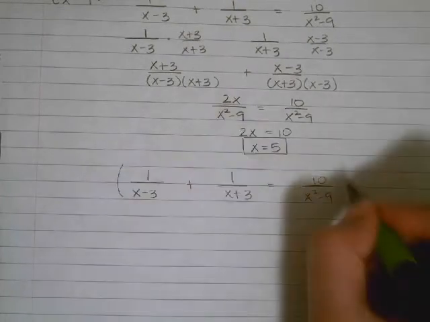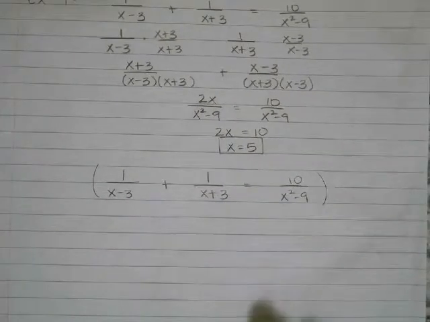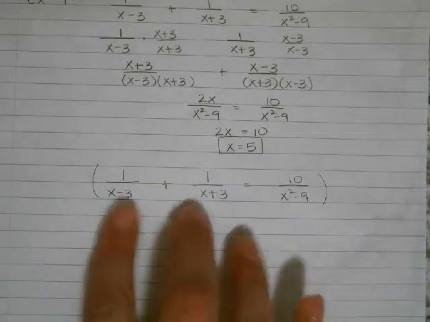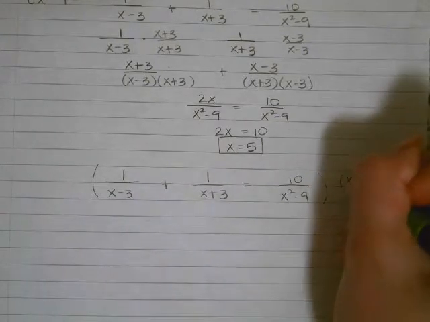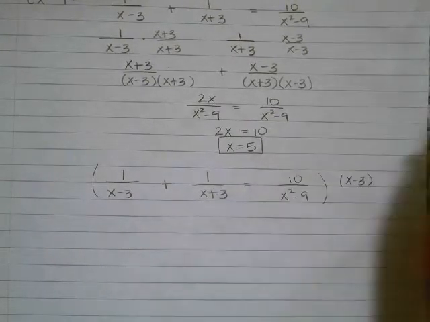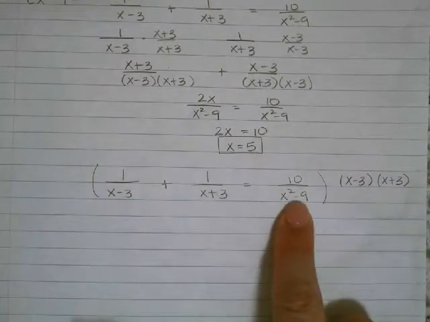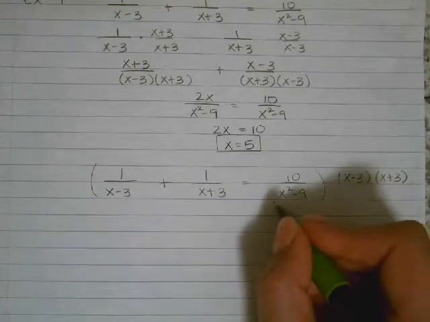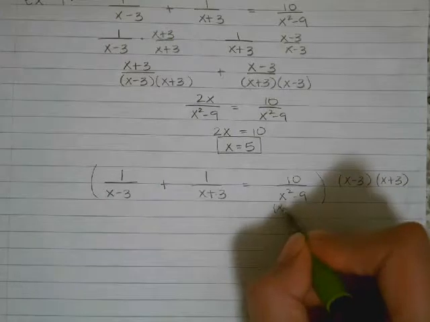I would have said, let me take this entire equation and multiply it by the factors that were needed to make the common denominator. This is an x minus 3, so my common denominator needs that. That's an x plus 3, so my common denominator needs that. And then I would recognize over here that x squared minus 9 is actually the FOILed version of those two factors.